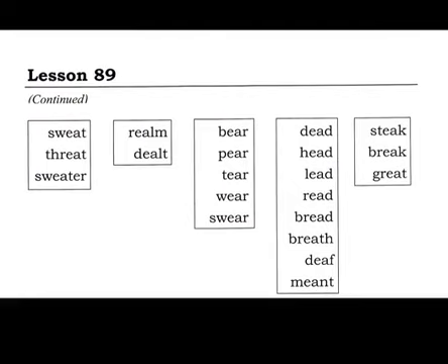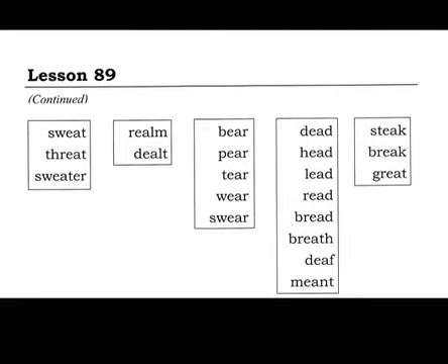T-H-R-E-A-T is pronounced threat, like a short E. The word dealt, D-E-A-L-T, is not dealt, it's dealt, and is pronounced like a short E. The words bear, pair, tear, wear, and swear all are spelled with an E-A, but they sound like a long A. They don't sound like long E, they sound like long A.